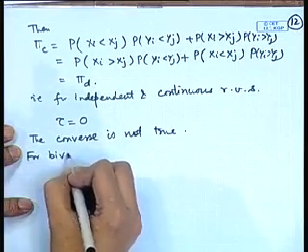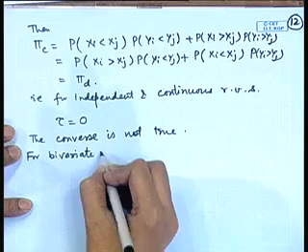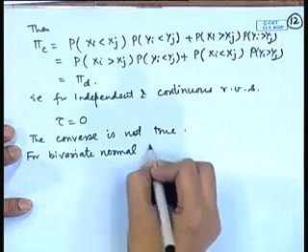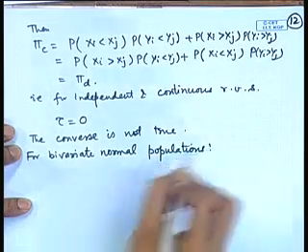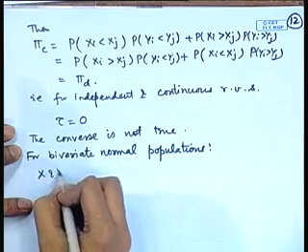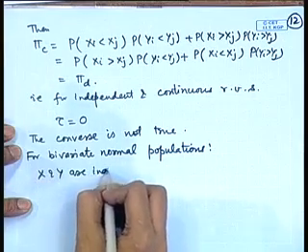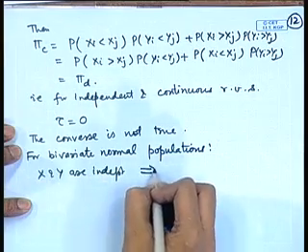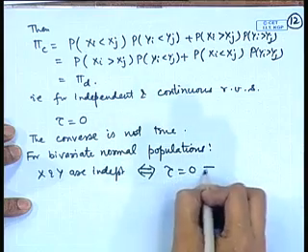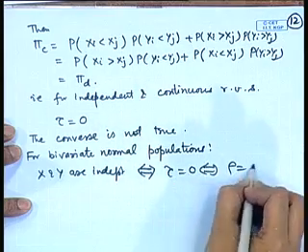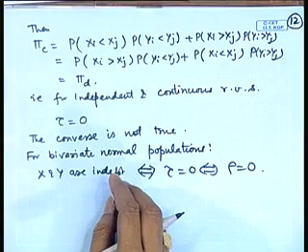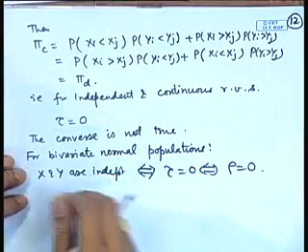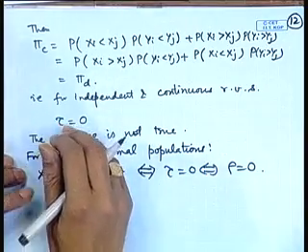For bivariate normal populations, x and y are independent if and only if tau is 0, if and only if rho is 0. We look at a sample measure, or you can say sample estimate, for tau.